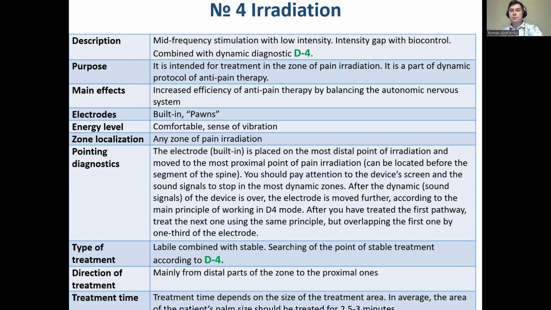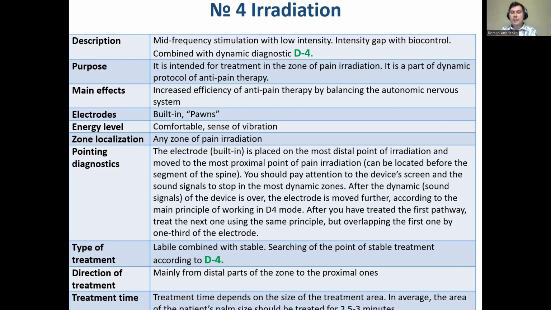You should pay attention to the device's screen and locate the most active area using the D4 mode. That means the area with the biggest number of colored bars or the biggest number of clicks that you hear, and you will be addressing these most dynamic zones.